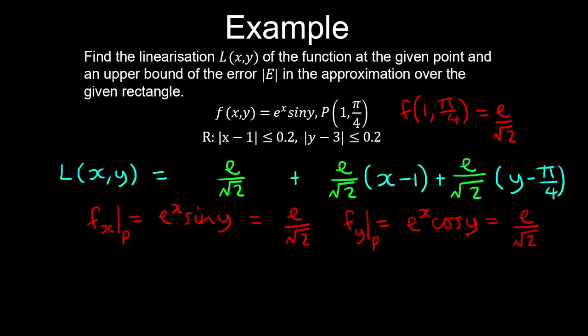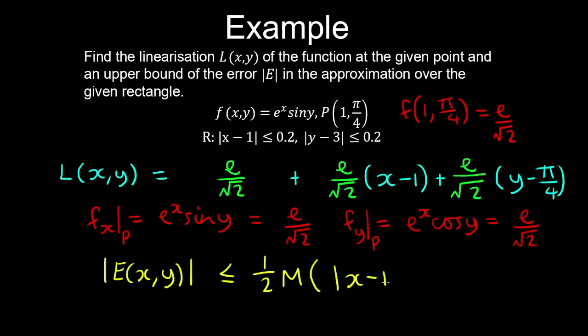And to find the upper bound for the error, we have the absolute value of the error is less than or equal to 1/2 by a constant m by the absolute value of x minus 1 plus the absolute value of y minus 3. And that's squared.